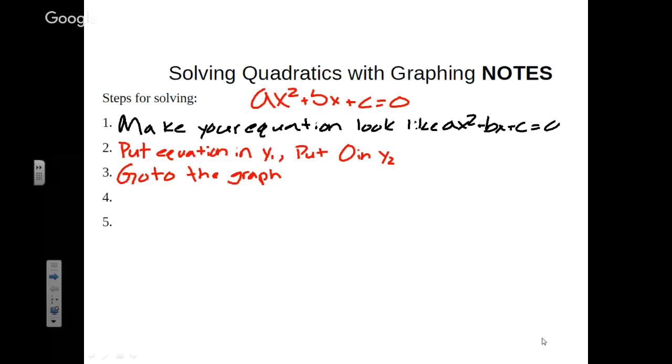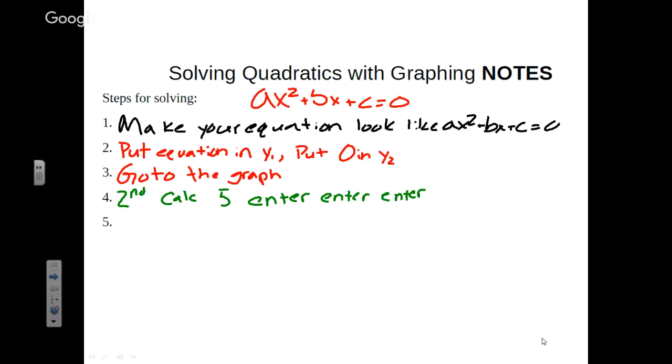For step 4, you're just going to hit second, calc, 5, enter, enter, enter.